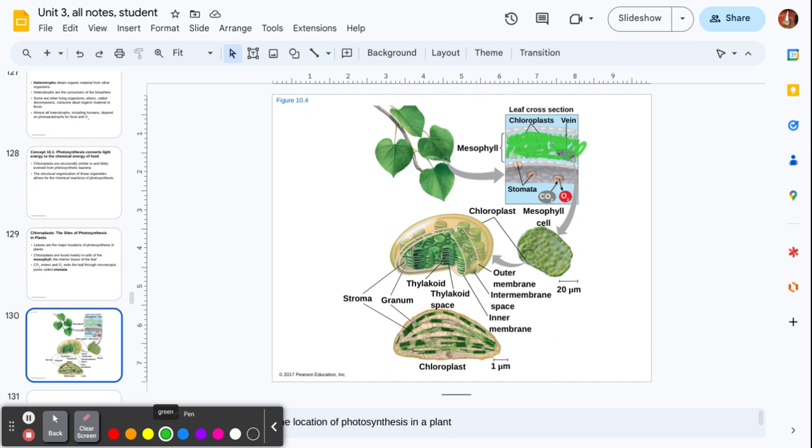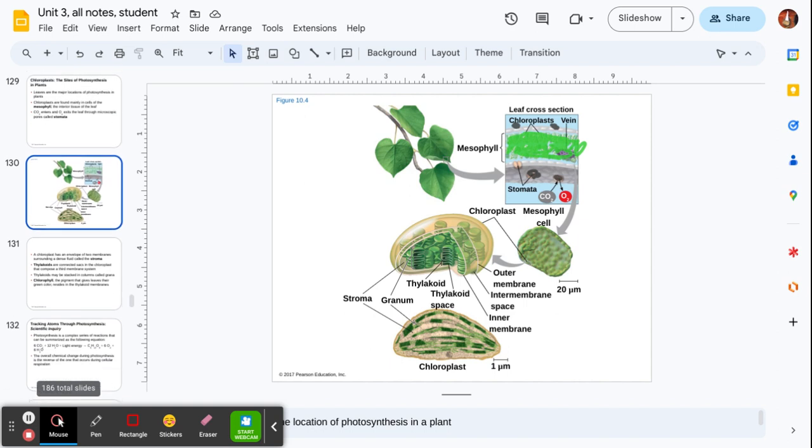And then we also have a top and a bottom of the leaf, and that's where our little stomata are located. You can enlarge that even more, and then you can look at the chloroplast itself. The chloroplast has two membranes. We're going to talk about the structure of that next, and we'll come back to this after we've talked about it.